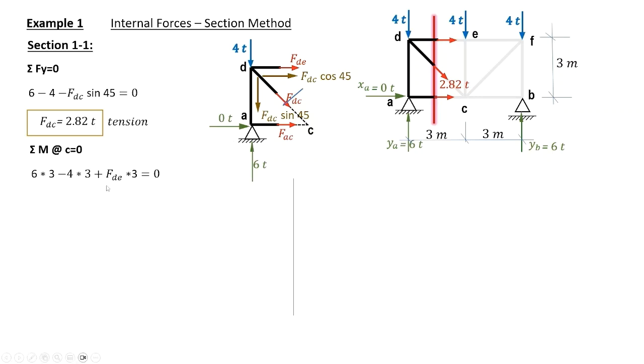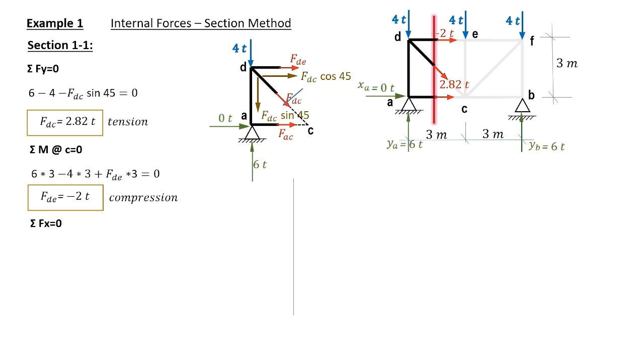So FDE rotates clockwise also about C, and the arm from C is the vertical 3 meters perpendicular to DE. This gives DE to be minus 2 tons compression, and it is plotted on our diagram.